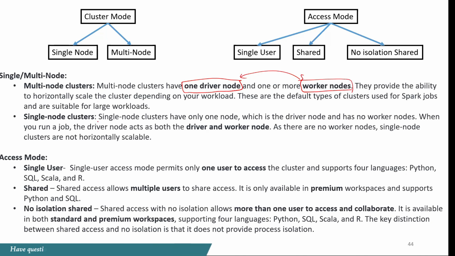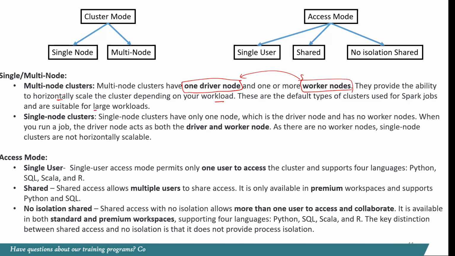Multi-node clusters provide the ability to horizontally scale depending on your workload. These are the default type of clusters used for Spark jobs and are suitable for large workloads. This automatically takes care of cluster expansion or scaling. It can horizontally scale, meaning it will keep adding nodes. So virtual machine 1 is running, and if there is more workload, it will add another virtual machine. If there is one more requirement, it will add another. This is called horizontal scaling.